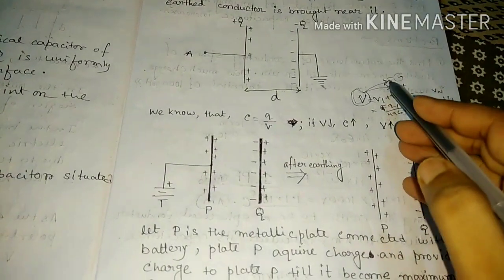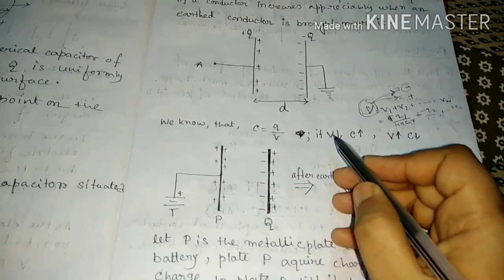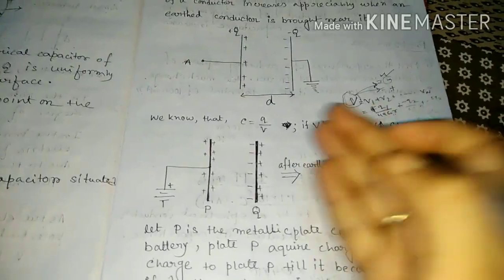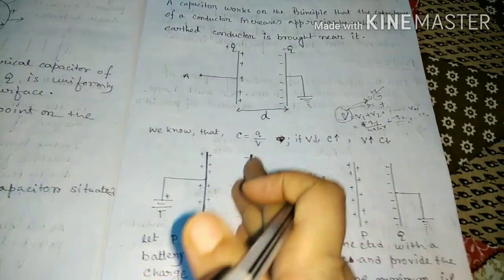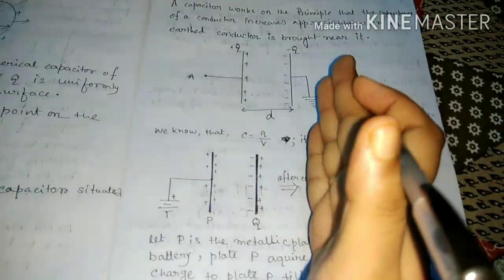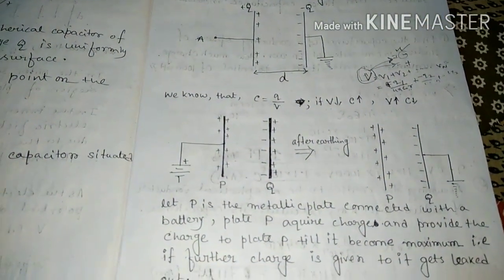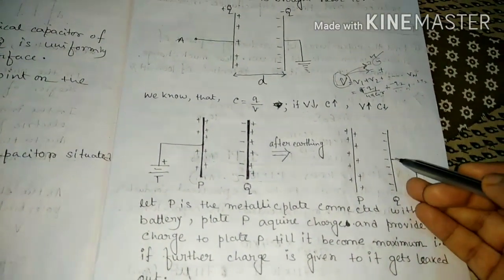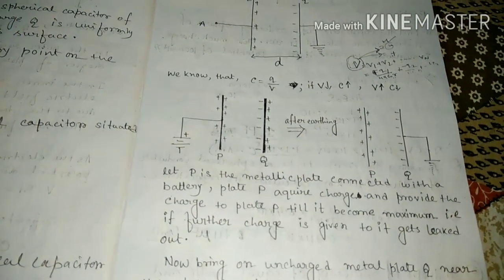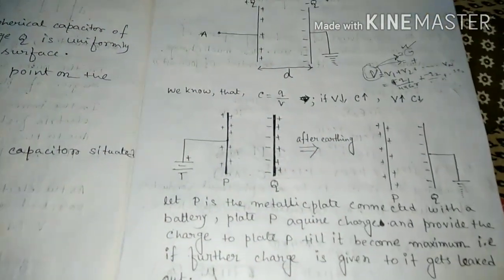Understand? So what can we consider here? What is our aim? To decrease the potential. So we have to consider only the negative charges on plate Q, and we try to eliminate the positive charges. How can we eliminate these positive charges? If we earth it, like this, all the positive charges go to the earth.